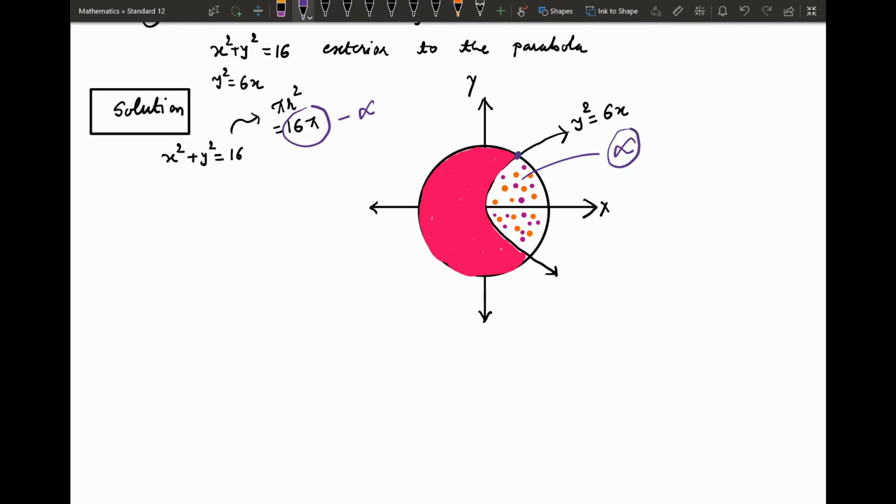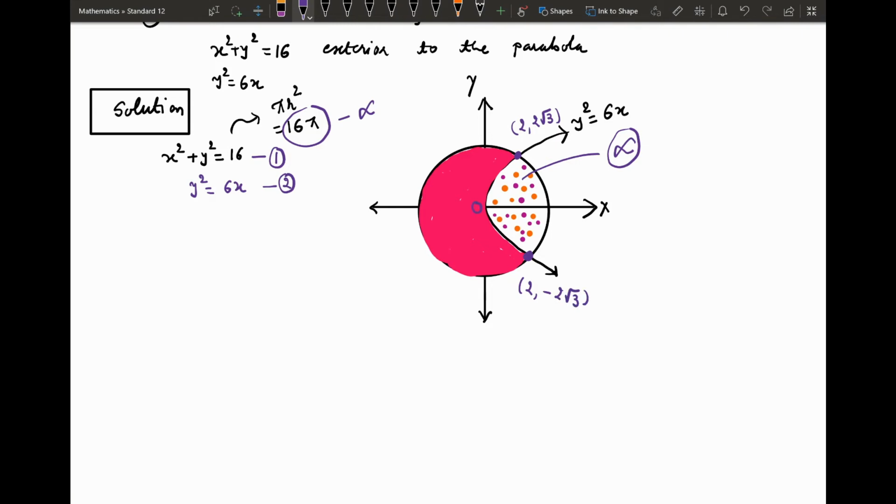First, as usual, find out coordinates of point of intersection by solving x square plus y square equal to 16 and y square equal to 6x. Solving equation 1 and 2, we will get coordinates of point of intersection 2, 2 root 3 and here 2, minus 2 root 3.